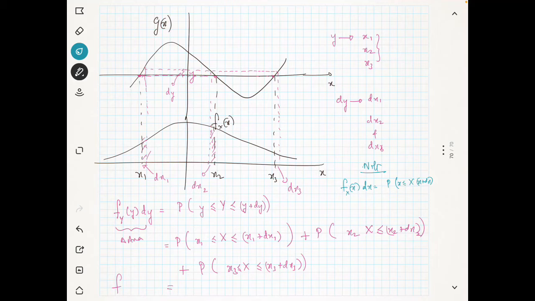This we have already seen in the previous lecture, so we will use this idea. So fy of y into dy is nothing but fx of x1 into dx1 plus fx of x2 into dx2 plus fx of x3 into dx3.